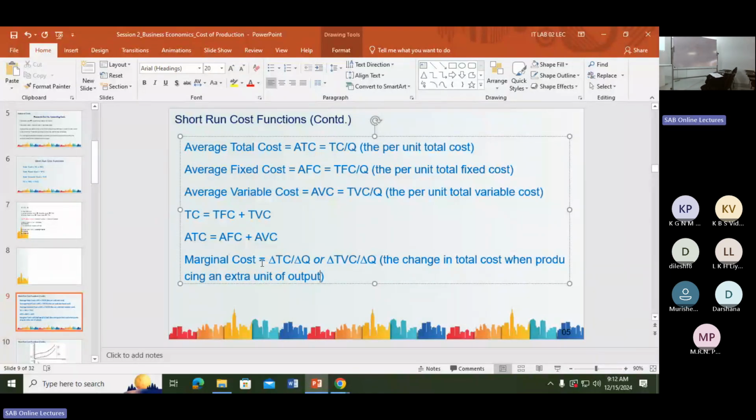That is the marginal cost. When we produce an additional unit of output, what is the extra cost that the firm has to bear? That is the meaning of marginal cost.